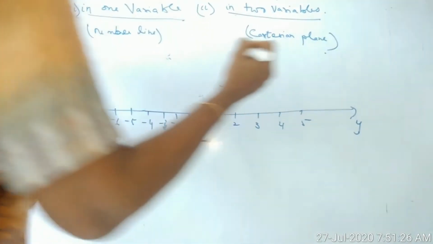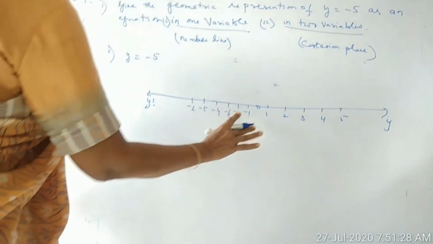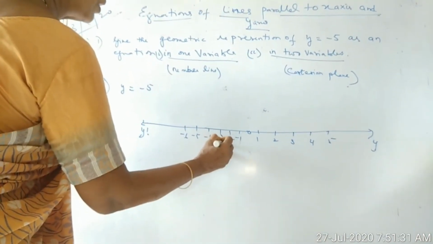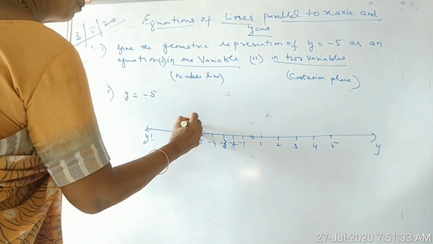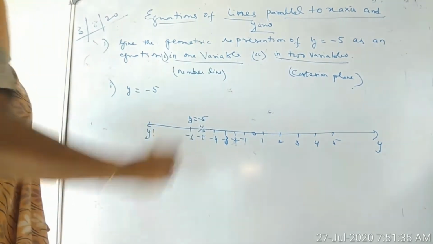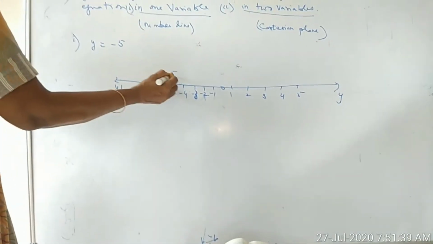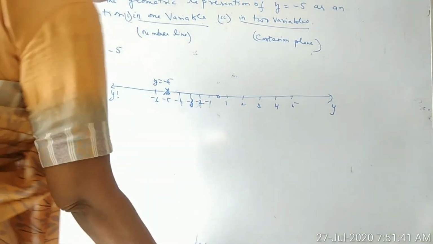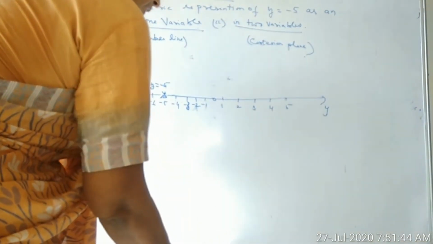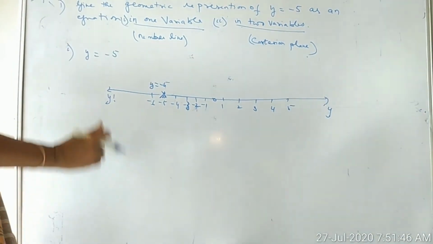Simple, girls. Where is minus 5 on the y-axis? That's all. Just plot the point and write y is equal to minus 5.